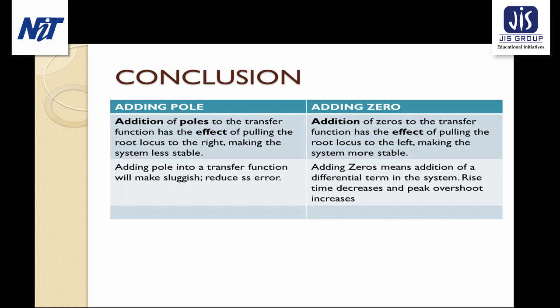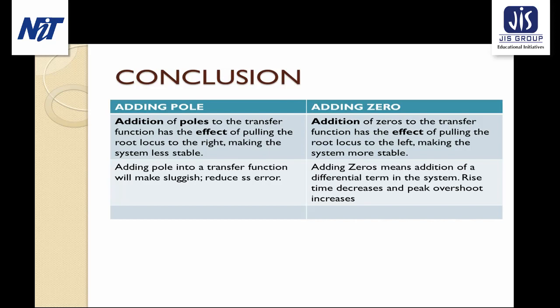As well as if we add a pole to a transfer function, then the type and the order of the system will increase and the system will be sluggish, and it also reduces the steady state error, because we know the pole is in the denominator part, and when we add a pole, that means the integration part is increasing, and for the integrator part the steady state error is reduced.